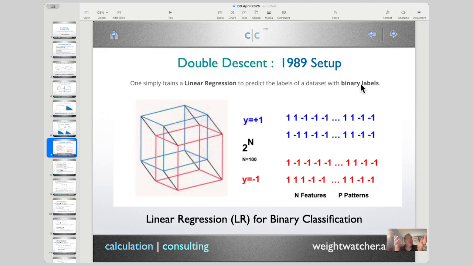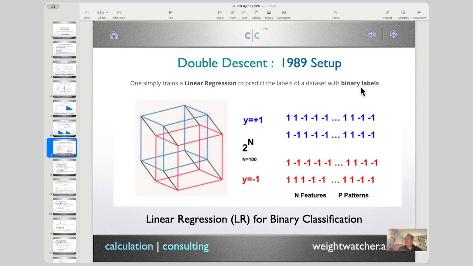You have the layer pre-activations, or WX plus B. That's a linear regression. And then you apply some function to it, which turns the outputs into either -1 or +1. It discretizes the outputs. In the traditional sigmoid version, you'd have something which is almost -1 or +1. So this original idea of applying linear regression to a data set with binary labels is a classic model for a layer in a neural network.